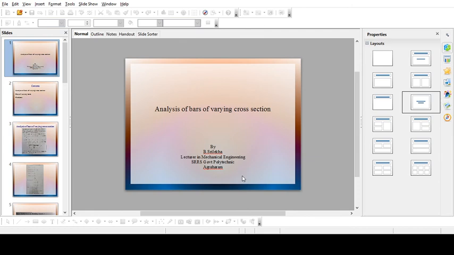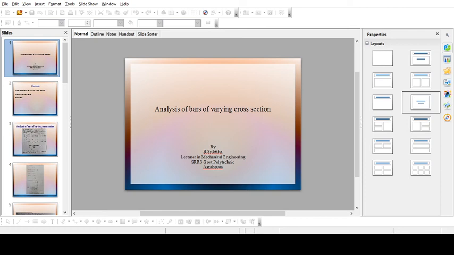A1 we get from pi d square by 4. Next, the strain epsilon 1 is sigma 1 by E.